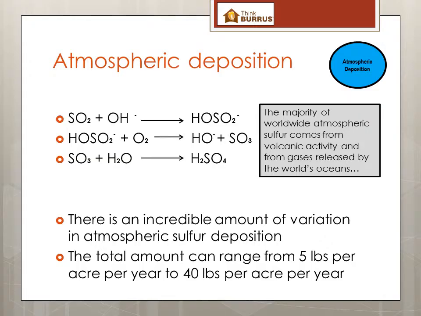Now, worldwide, a lot of the sulfur that's deposited by this slight acid rain that occurs in most of the world is really from volcanic activity or gases being released from the ocean. But around here, around the Midwest, this thing that actually has some negative environmental consequences also has this positive with it in that acid rain actually deposits a lot of sulfate into the soil profile.